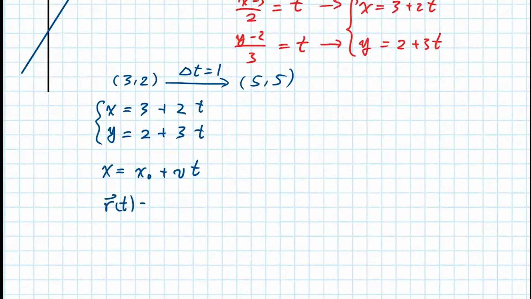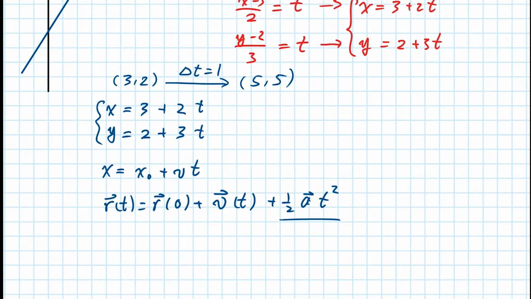R of t is equal to R at 0 plus V t. And eventually, not for now, eventually it's gonna get curvy. You've seen this before in your physics class? Yeah, but for now, let's just do this.